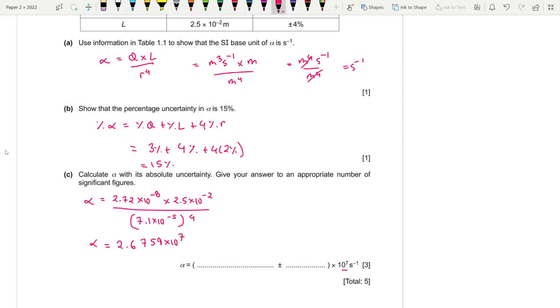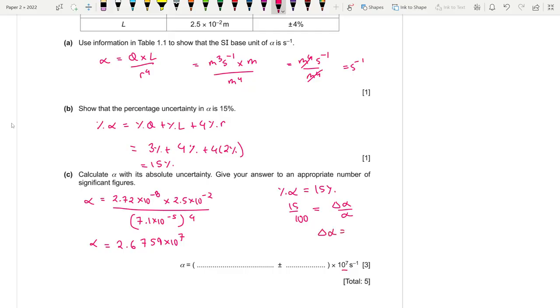We don't really know how much to round it off to. This depends on the uncertainty. So let's find our uncertainty. We know that the percentage uncertainty of alpha is 15%, so 15 by 100 is equal to del alpha by alpha.